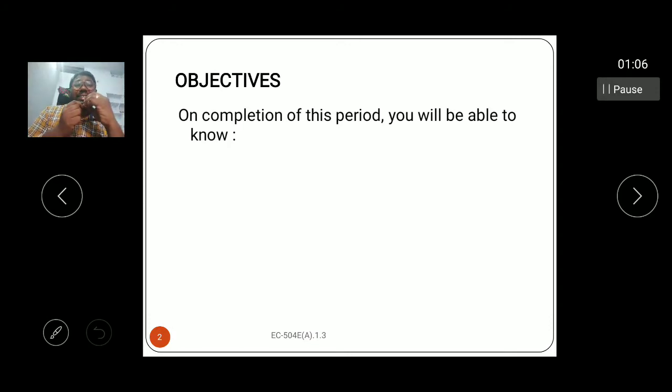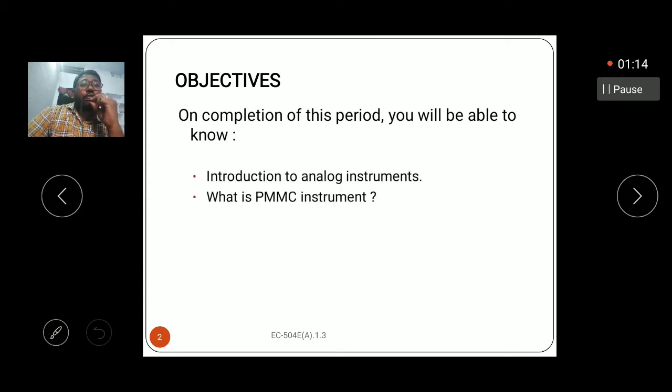The main content or the objectives of this presentation are the introduction to the analog instruments, because the first topic is the analog instrument, and in these analog instruments I am going to explain what is the PMMC instrument.